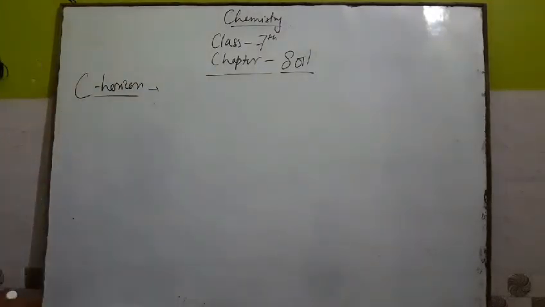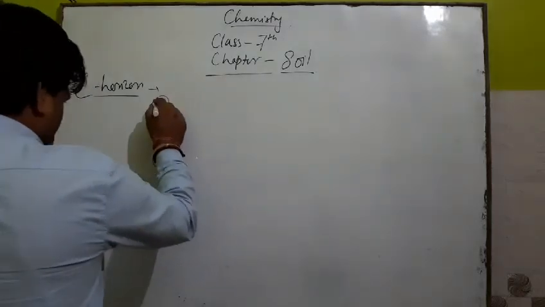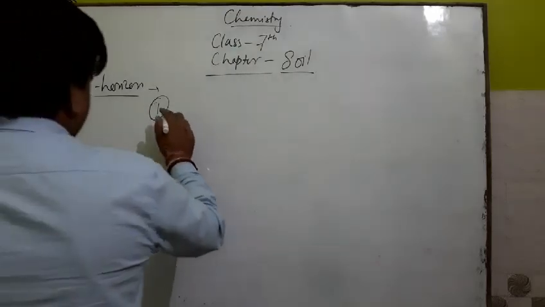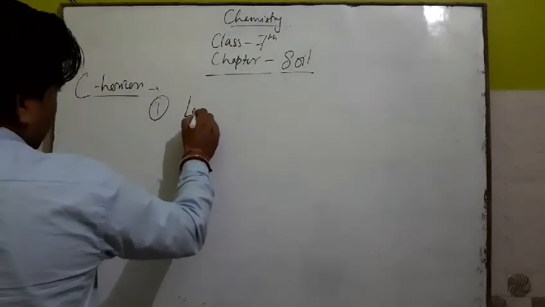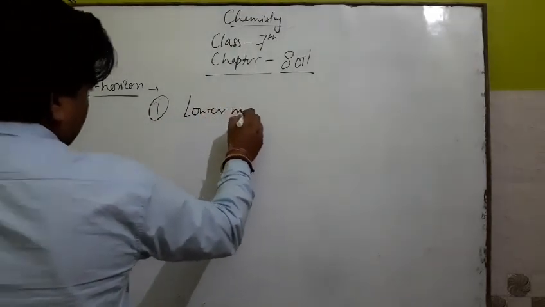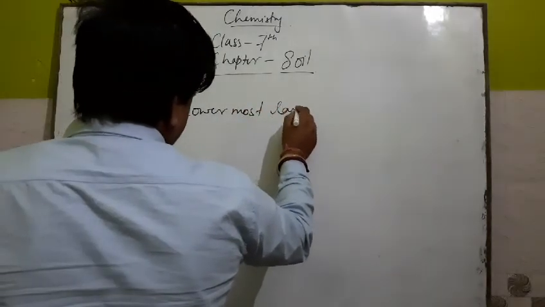The lowermost layer of the soil is called C horizon. The first statement about C horizon is that it is the lowermost layer.